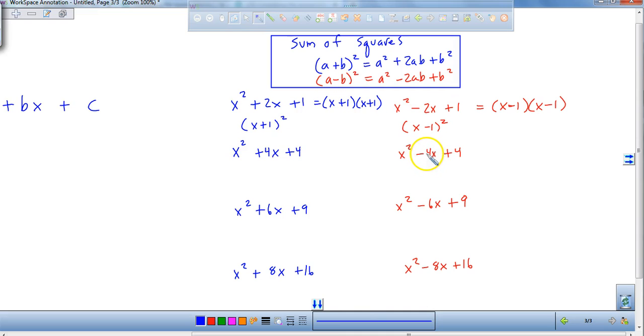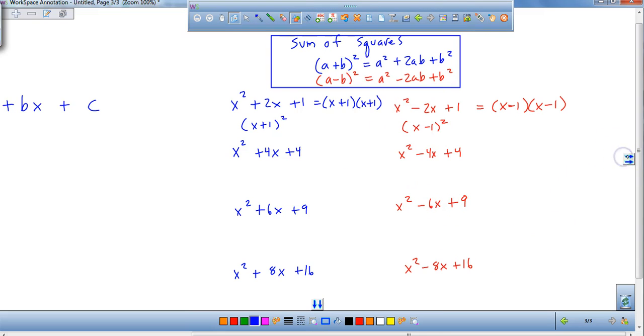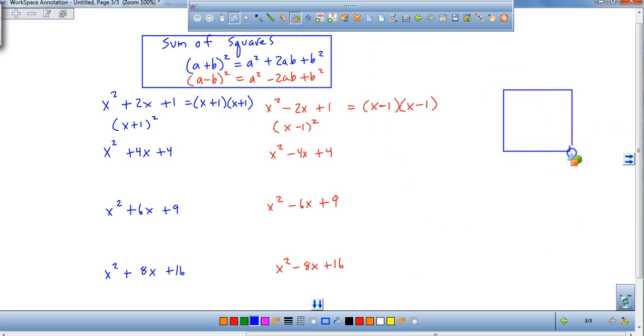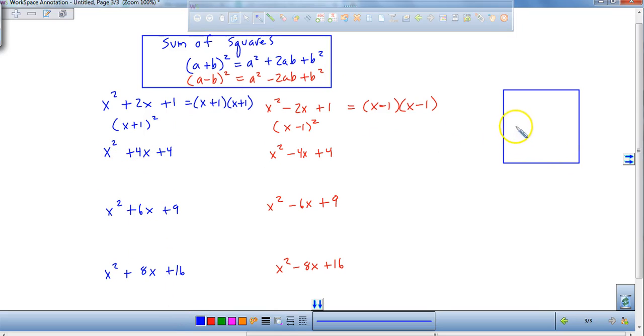Now, these trinomials make perfect squares. When I say perfect squares, I mean that literally, the dimensions are the dimensions of a square. If I say the area of this square was x squared plus 4x plus 4, what would be the dimensions of the side?